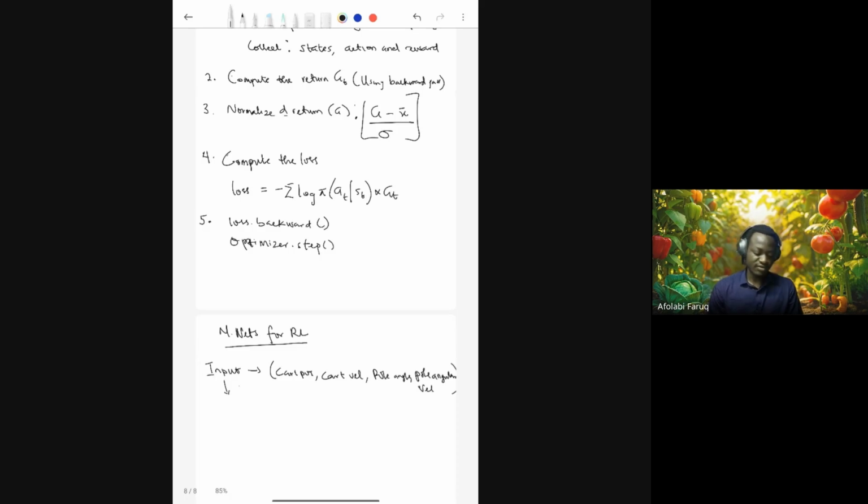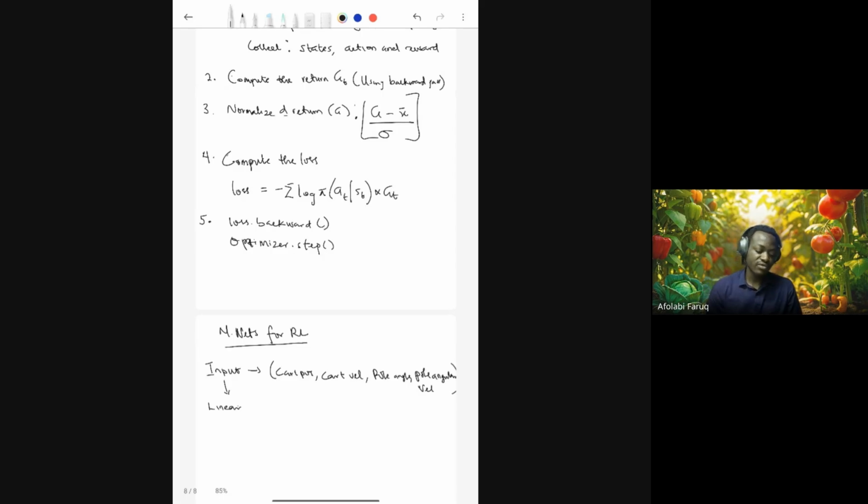Then after that, we have the linear layer. What this linear layer basically does is project a feed-forward neural network, which is a fully connected neural network.